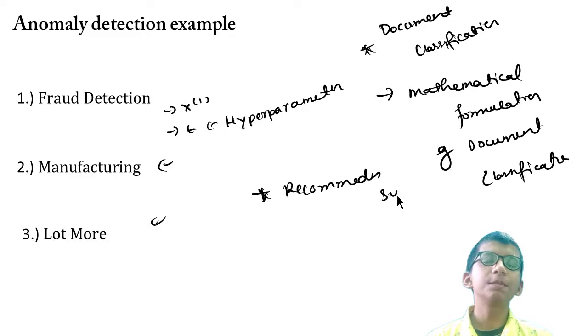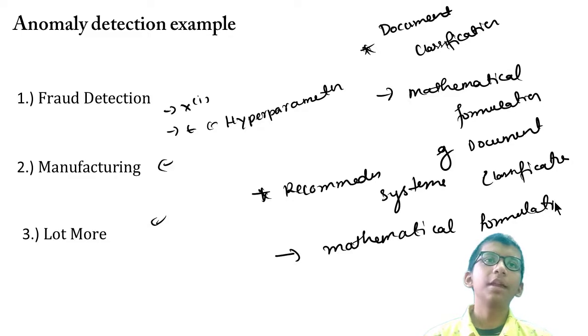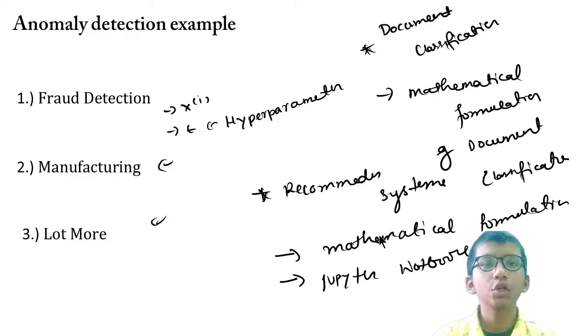See, I'm not going to make the code, but I will give you my Jupyter notebook where I coded that, so you can take a look at that. So I will give you the mathematical formulation, the theory part, and then you have to take a look at that. And I will give you the Jupyter notebook for these two projects that we are going to do in anomaly detection.